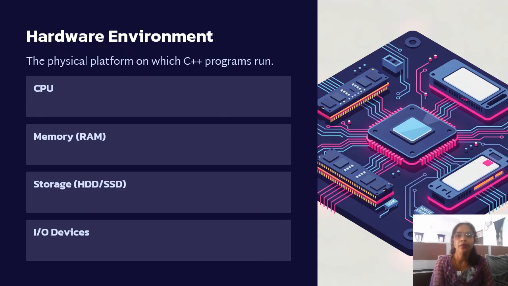In this slide, we will discuss the various hardware requirements for the C++ program. A C++ program runs on the physical hardware. The hardware includes CPU, memory, storage, and input-output devices. CPU is used to execute and compile the machine instructions. Memory stores the program code and variables during the program execution.